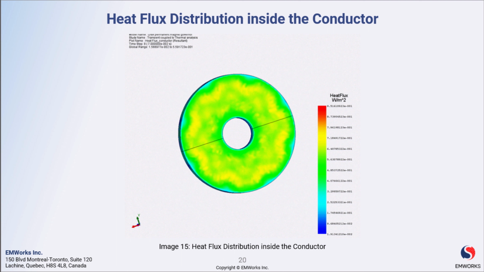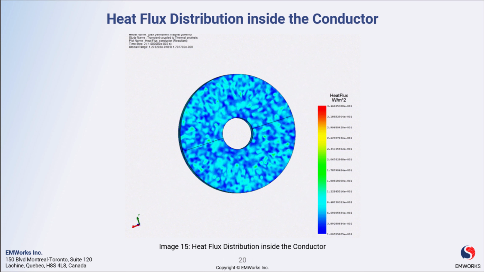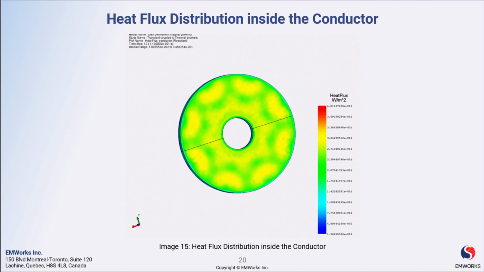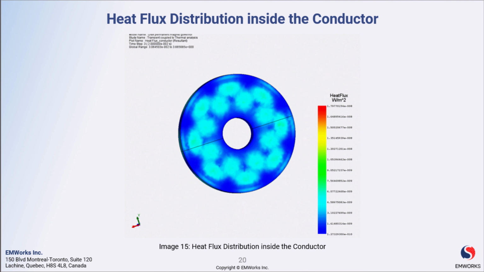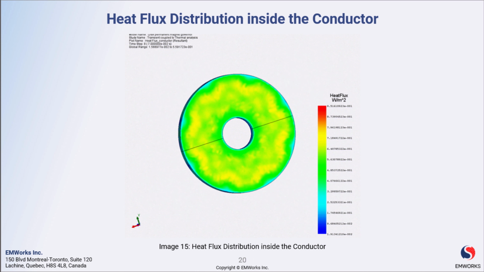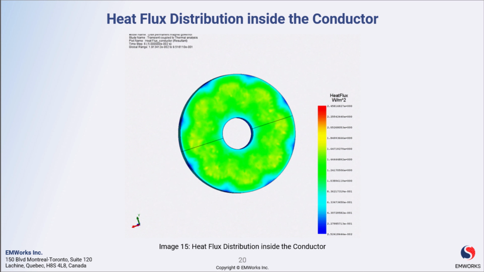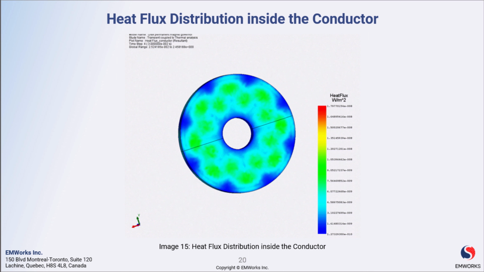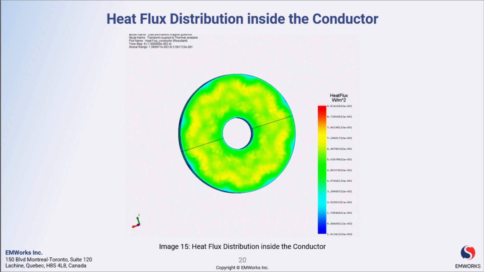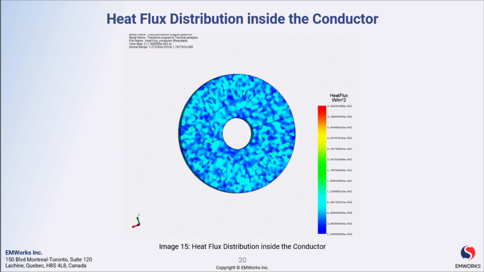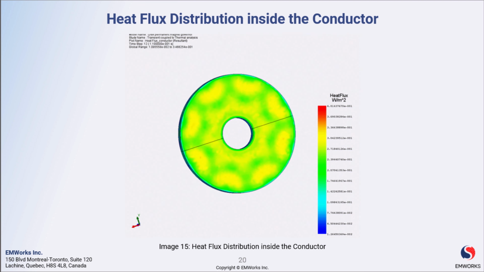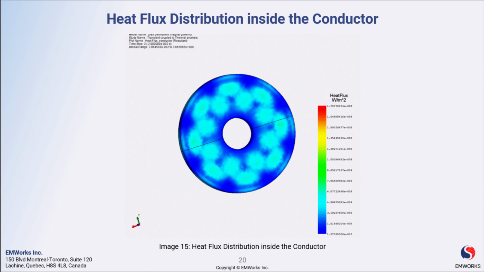We can also look at the heat dissipation capabilities of the conductor material and geometry, which enables optimization for improved thermal management. We can assess the impact of design parameters as well as optimize the conductor design and material selection to balance thermal performance with other design considerations. So this can lead to improved reliability, extended service life, and enhanced overall performance by mitigating potential thermal issues or overheating.